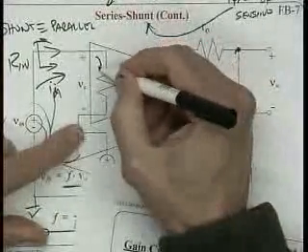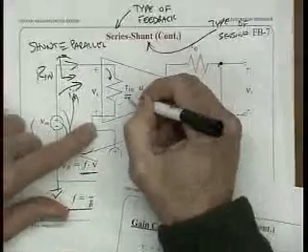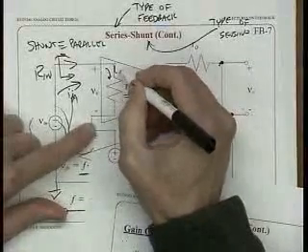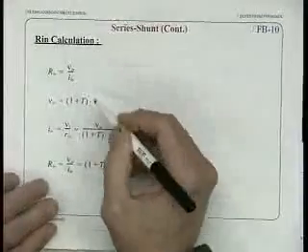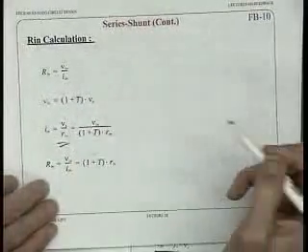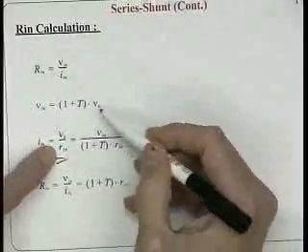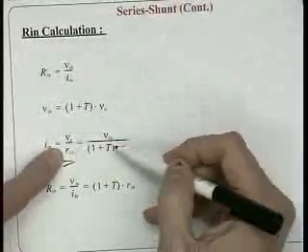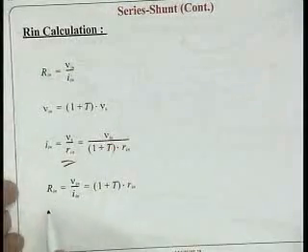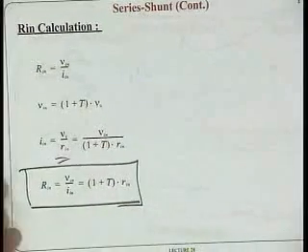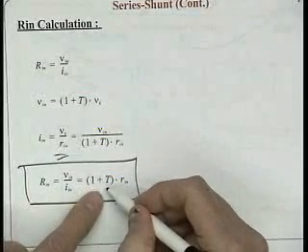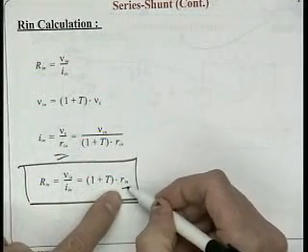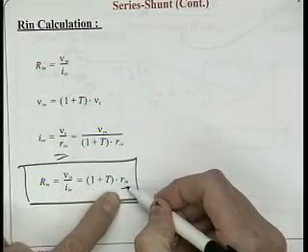In other words, the current here is just V error divided by rin. I can substitute this V error for this V error here. I end up with this expression right here. So this is pretty simple math, and you can do it yourself. Rin equals 1 plus the loop gain times the input resistance of the basic amplifier.